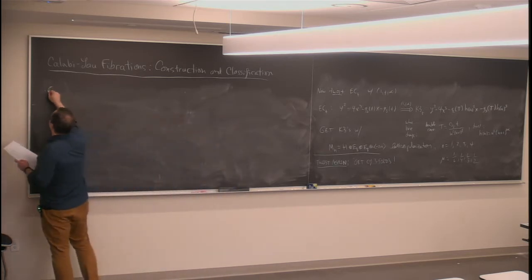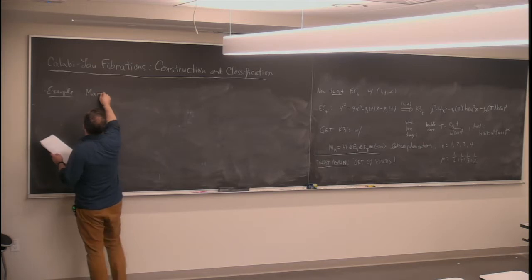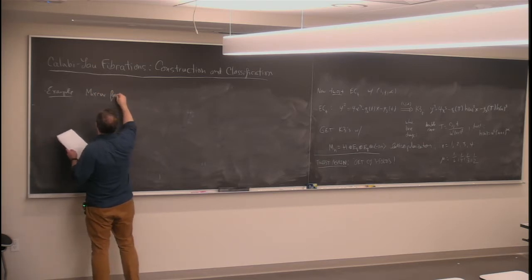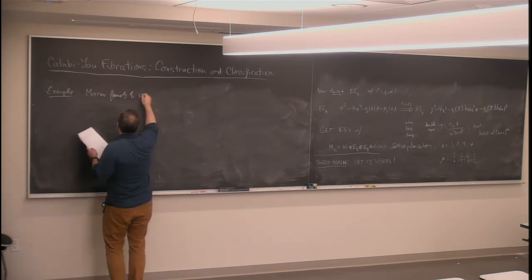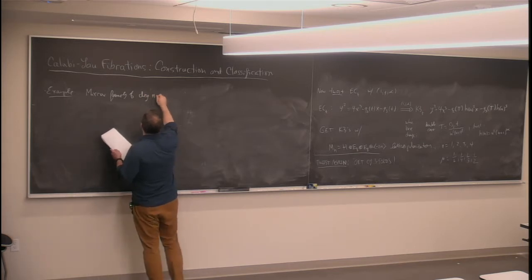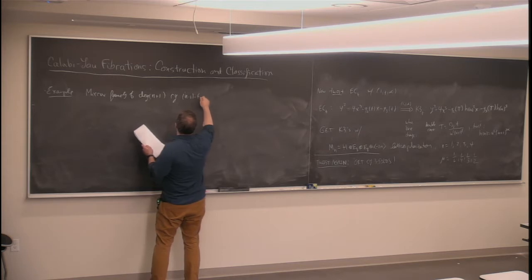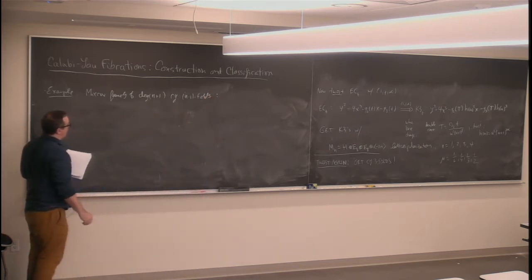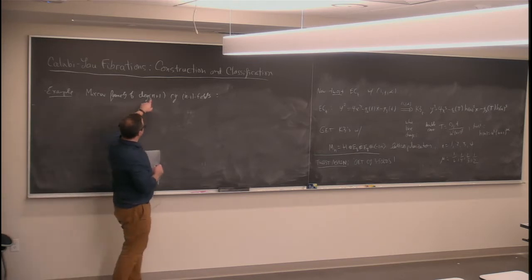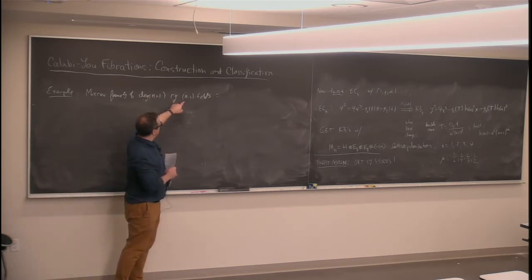So example, the mirror family of degree n plus 1 Calabi-Yau n minus 1 folds. Okay, so let's just check. That works? Yes, this is a degree n plus 1 Calabi-Yau n minus 1 folds in CP^n.